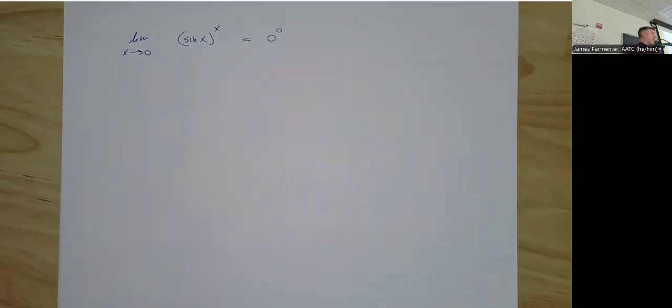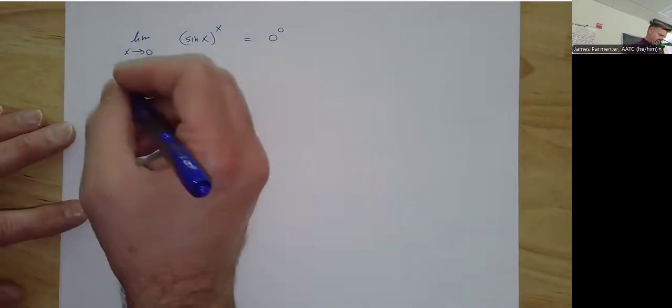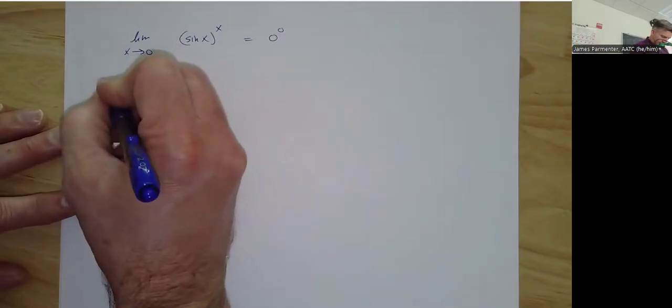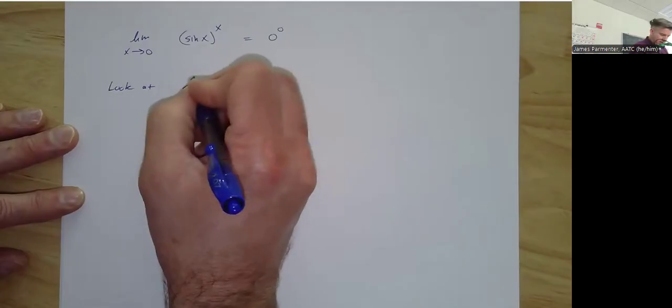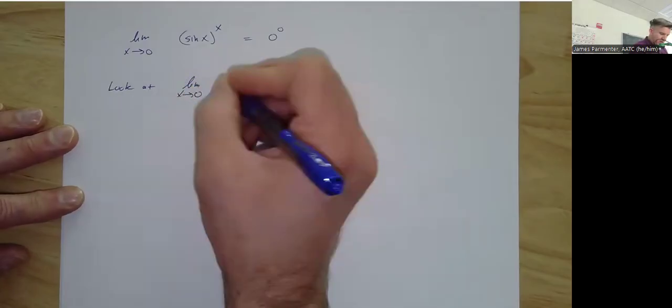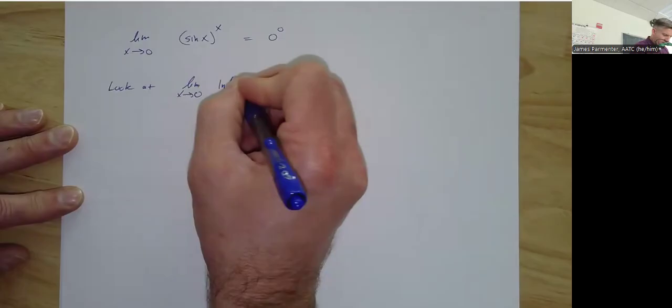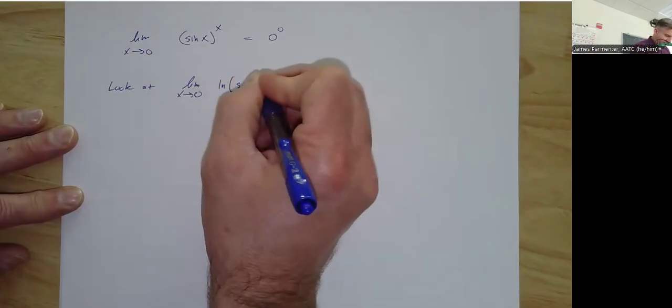So we got to do the log thing. Now, some people just don't even write the e to the natural power. Instead, they say something like, let's examine the limit as x goes to 0 of the natural log of sine of x to the power of x.